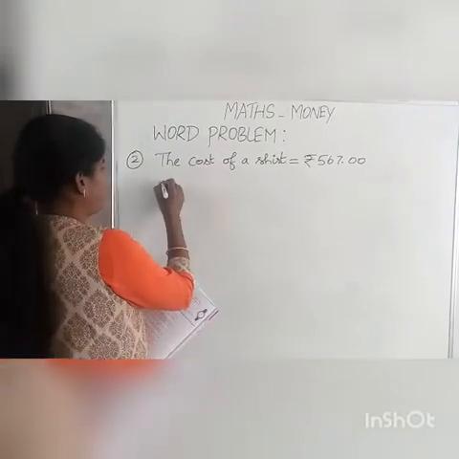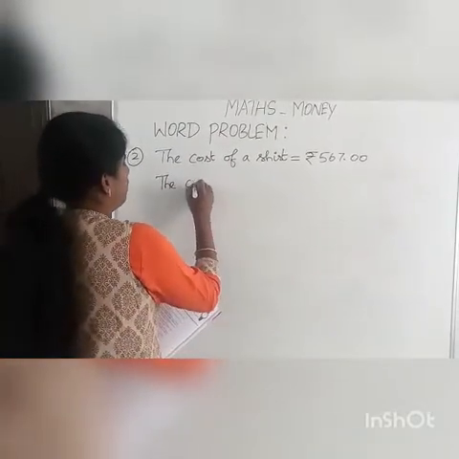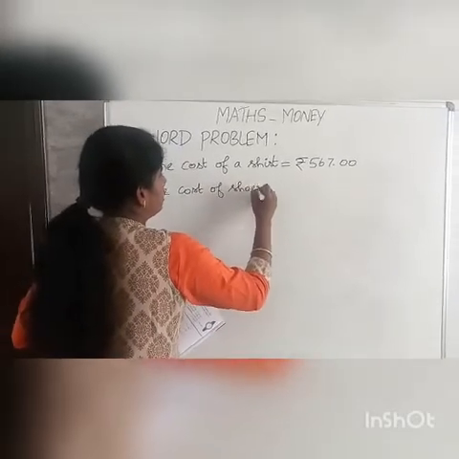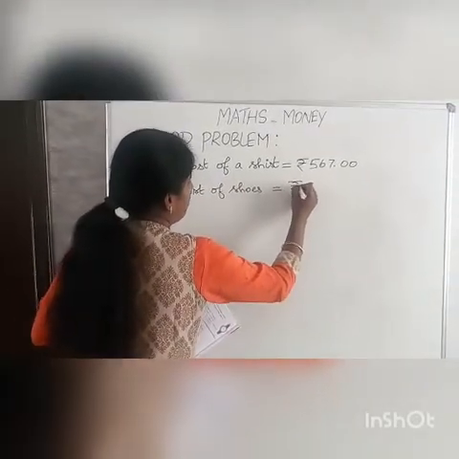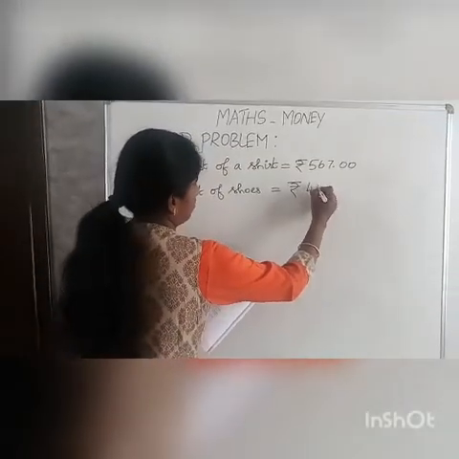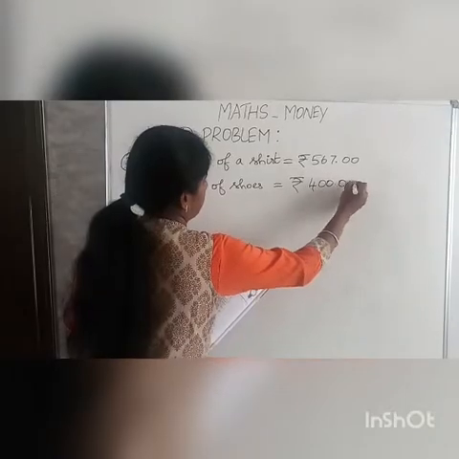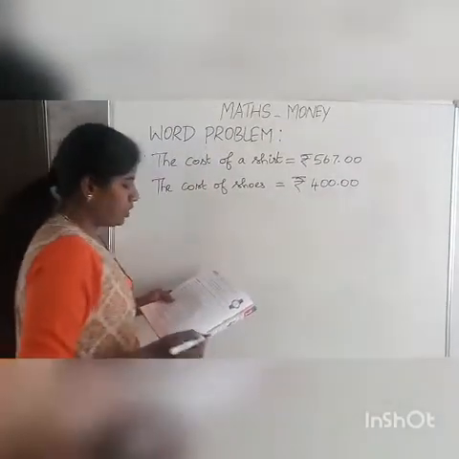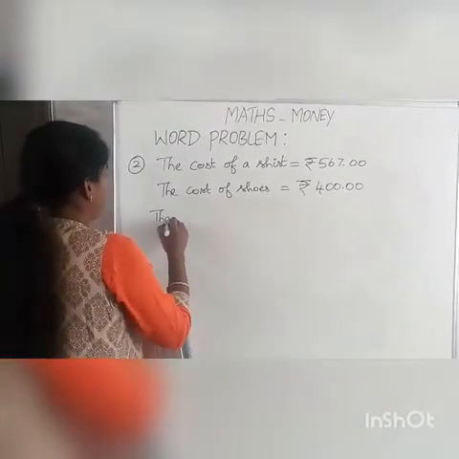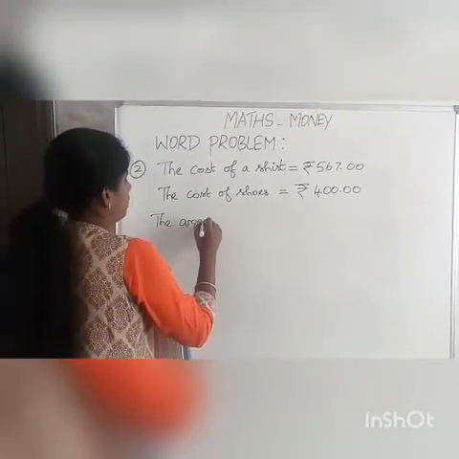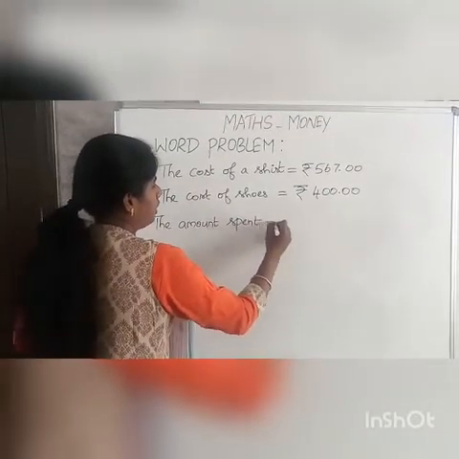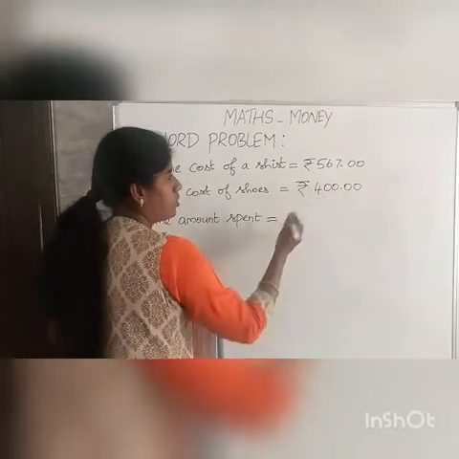So the cost of shoes equals rupees 400. Now we need to find out how much money did I spend. So the amount spent equals, we need to add these two amounts.